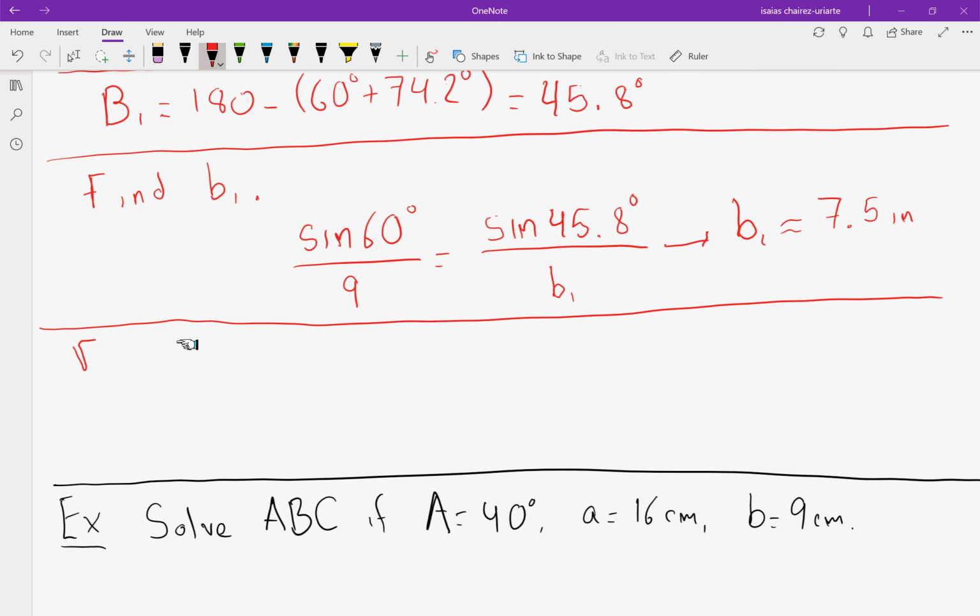For the other triangle, we have that B2. Well, we know that C2 was 105.8. We concluded that earlier.